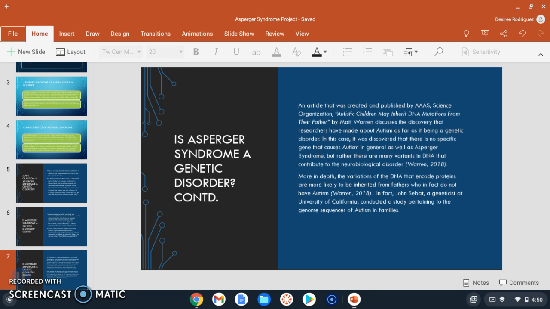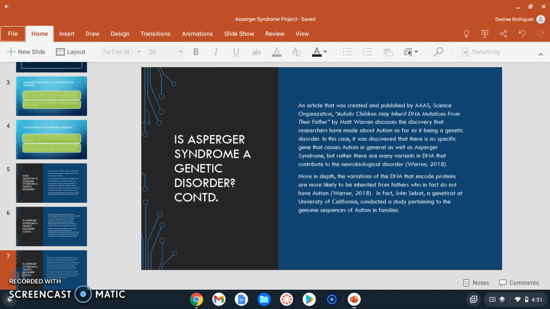An article published by AAAS Science Organization, "Autistic Children May Inherit DNA Mutations from Their Fathers," by Matt Warren, discusses the discovery that researchers have made about autism as far as it being a genetic disorder. In this case, it was discovered that there's no specific gene that causes autism.